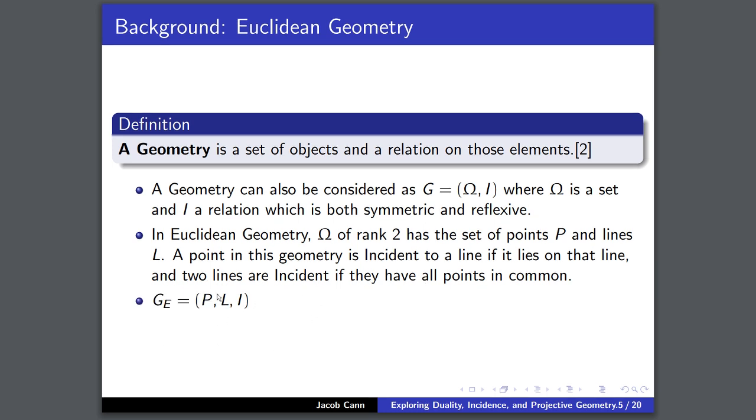So not all relationships between points and lines are incident, because not all relations are both symmetric and reflexive. But we can define geometry as the way that points and lines interact with each other in terms of their incidence relations.